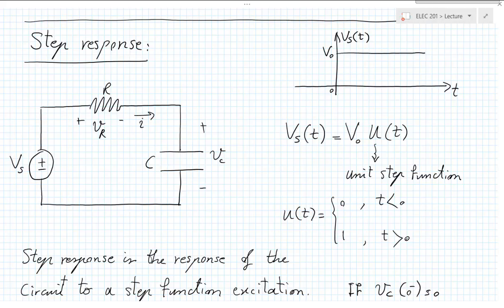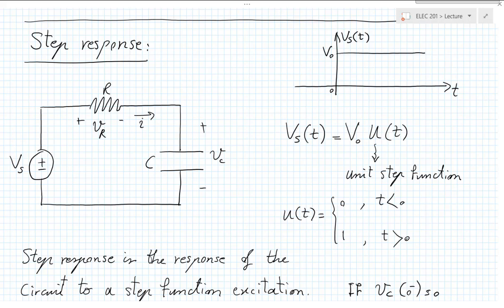Now your KVL is back to VR plus VC being 0. And you solve that differential equation that comes out of that. And you will again see an RC type of behavior, where the initial condition is the voltage of the capacitor at that point, which we know does not change suddenly.